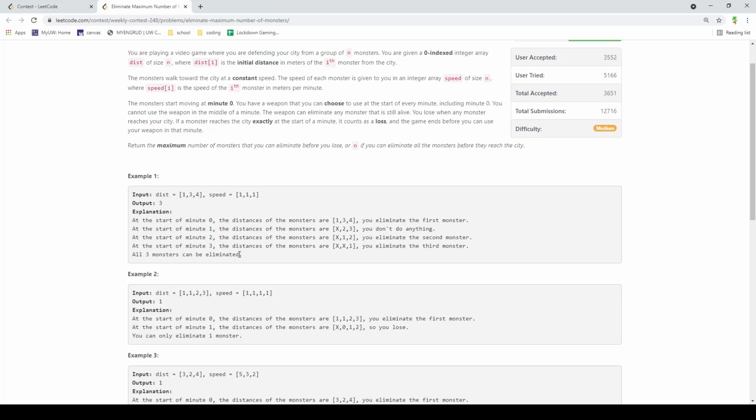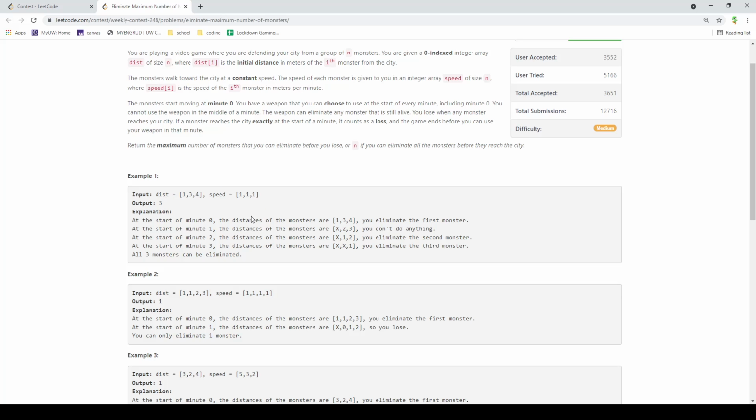And so the solution to this problem is that we can use a greedy solution. We want to always kill the monster that will reach our city the fastest. So we can tell how long it'll take for them to reach our city by dividing the distance by the speed. So for example, 1 divided by 1, that means at minute 1, this monster will reach our city.